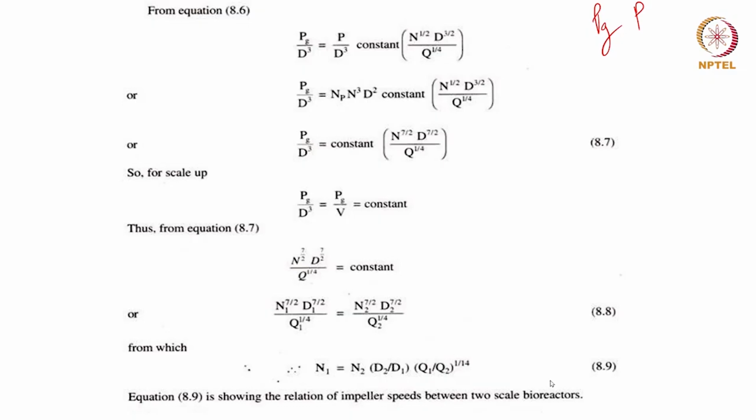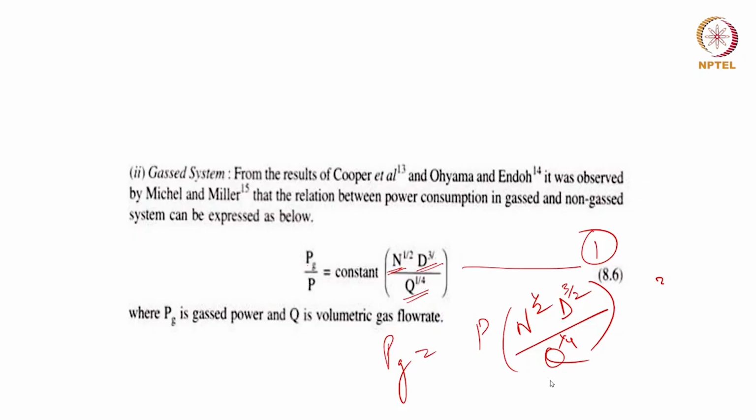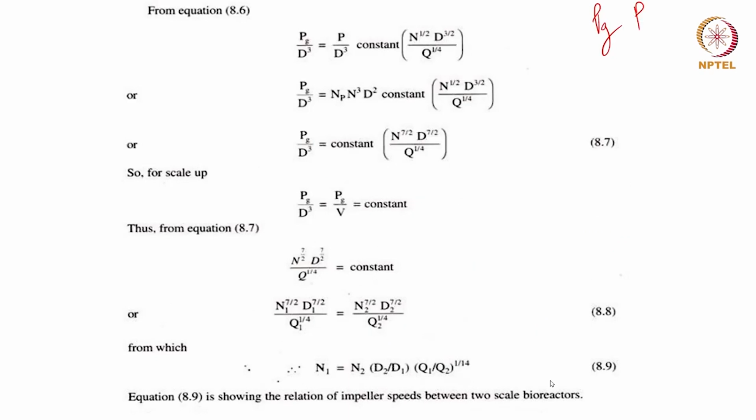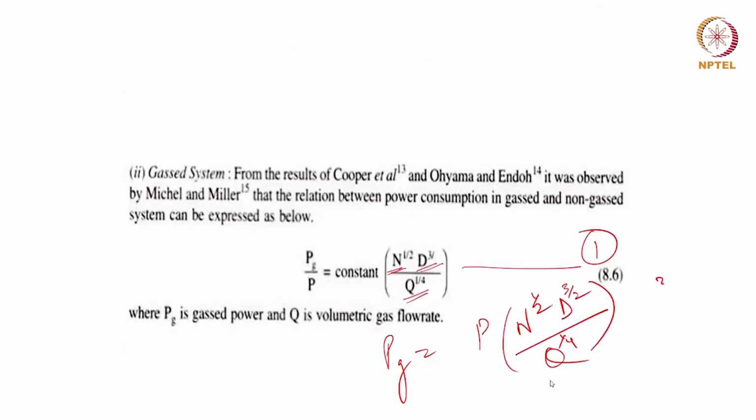Now, if we go by power per unit volume, we can further divide this equation, both sides, by D cube. So rest is all constant, some scale factor.